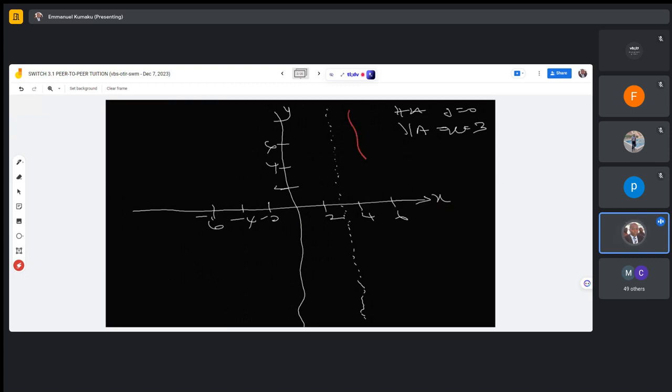Then when we come here, our graph can either be here or here. Good. In order to determine where the graph will be, you only have to plot a few test points.